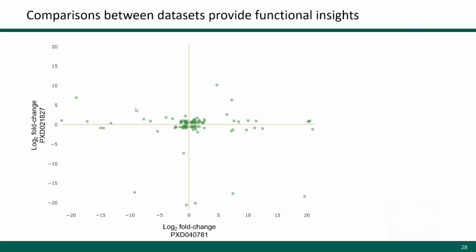We have a bunch of proteins that are important in this data set, but not important for the 21827 data set. That makes sense because the one data set looks at ribosome biogenesis, whereas the other one looks at cell shape differences. So we still need a good positive control, because the data sets were generated for different biological questions, so it's hard to get a good positive control where it's more correlated. But at least what we expected, not a good correlation, is actually what we see with the statistical analysis.